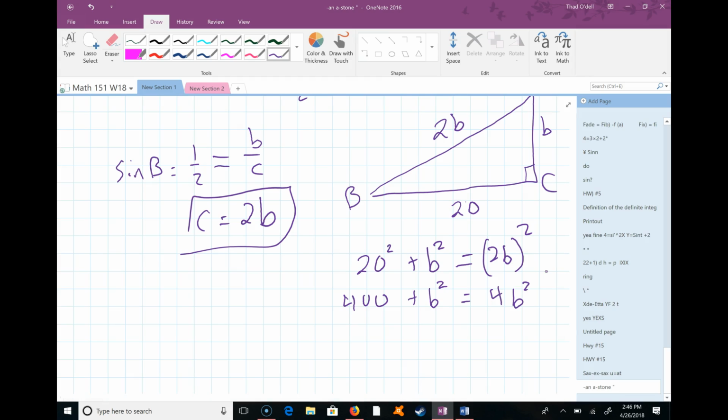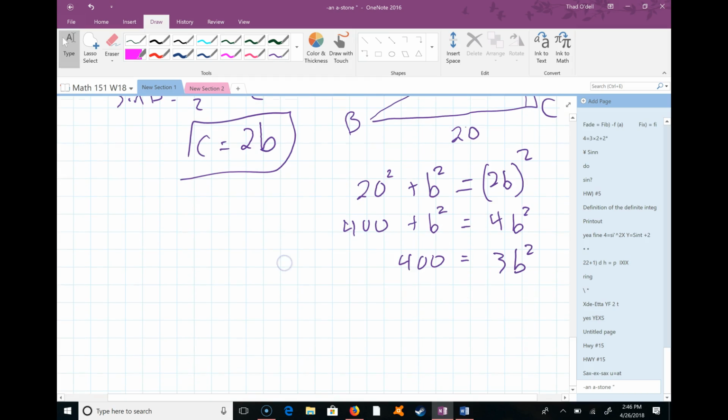So then if I subtract b squared from both sides, I get 400 is equal to 3b squared, which means 400 divided by 3 is equal to b squared, and therefore b is equal to 20 over the square root of 3.